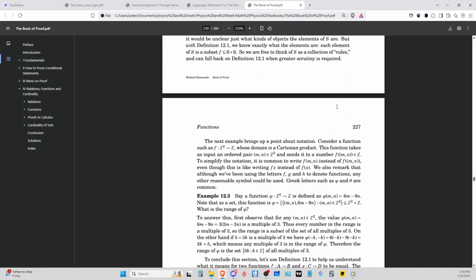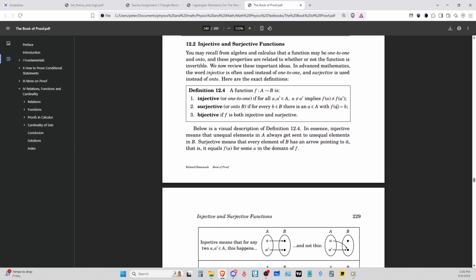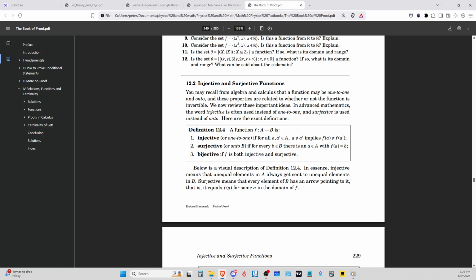So, oh, here we go, surjective. And so basically the definition: a function f from A to B is injective or one-to-one if for all a and a prime in A, a not equal to a prime implies that f of a is not equal to f of a prime.